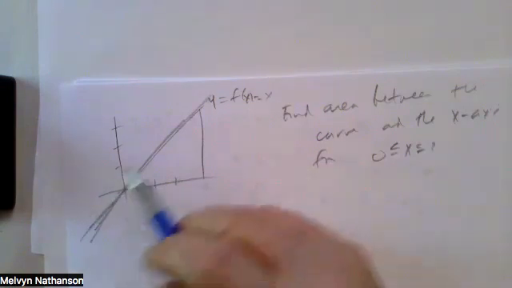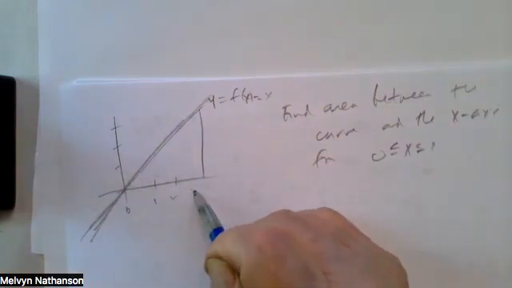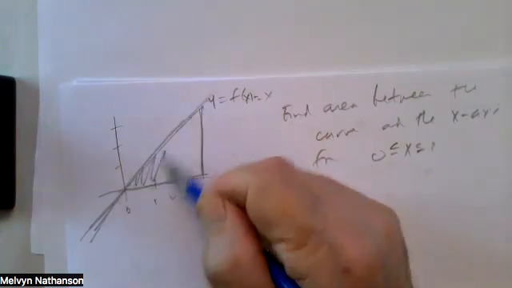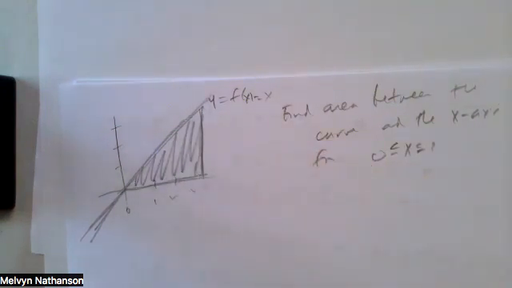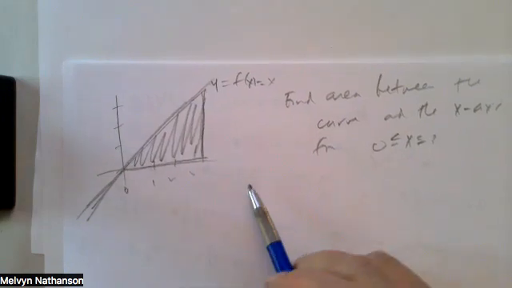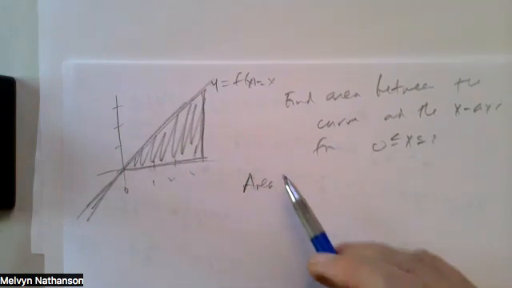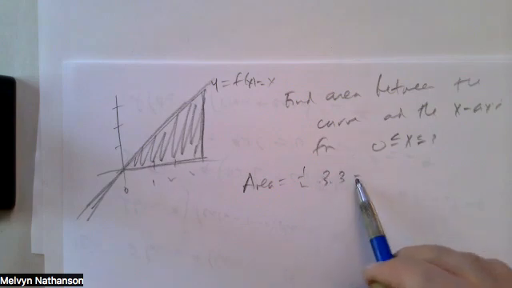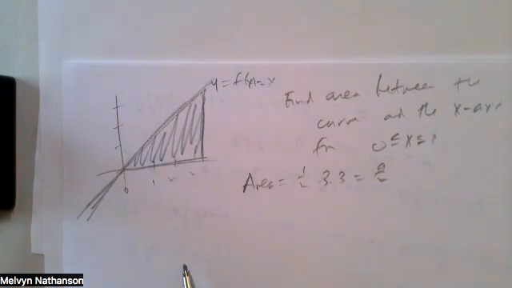So here's the curve y equals x, just a straight line. Here's the x-axis. And between 0 and 3, it's a triangle. So we don't need calculus for this. The area is a half the base times the height, which is 9/2.